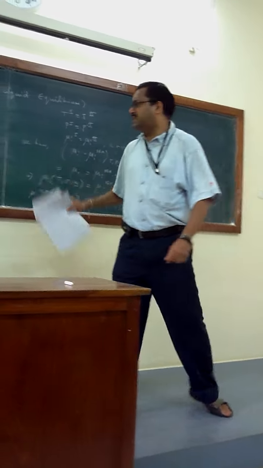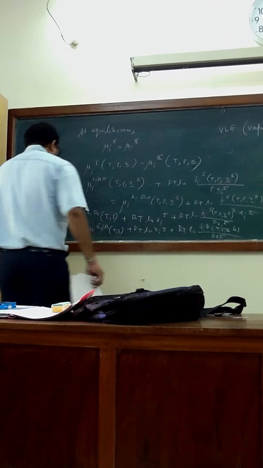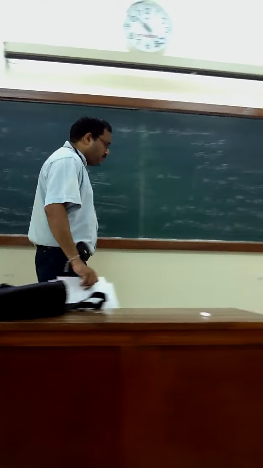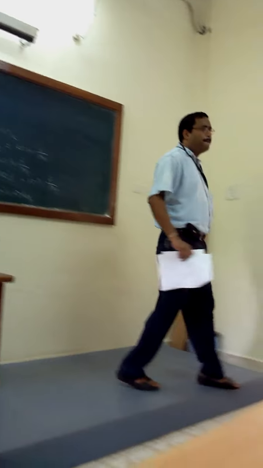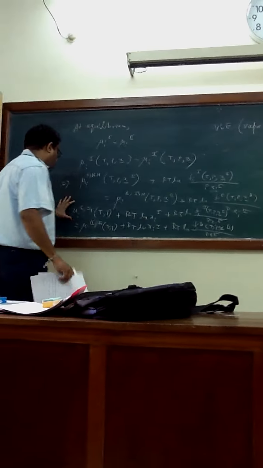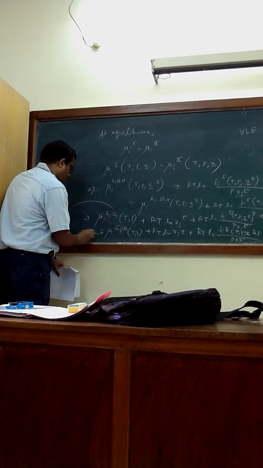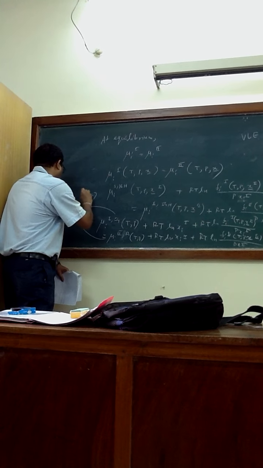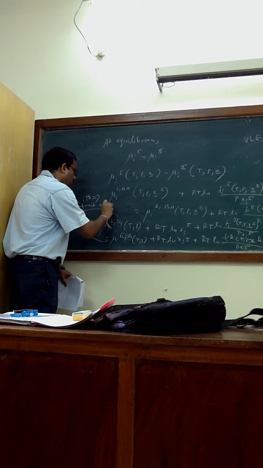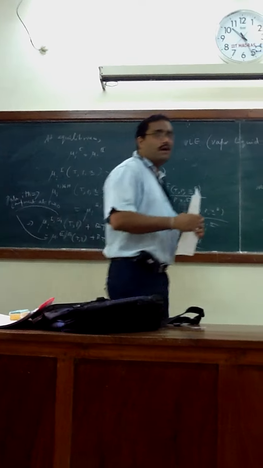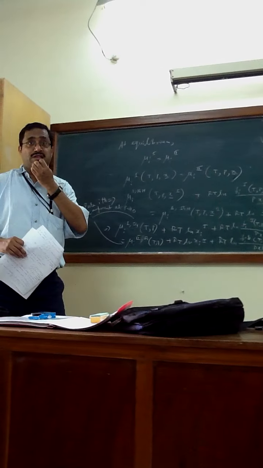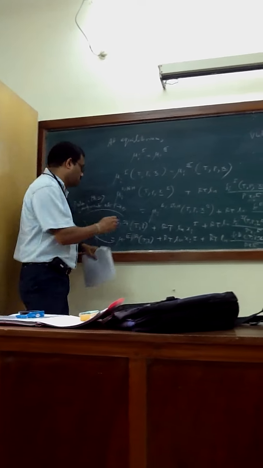Both are equal because at P tending to 0, this is the pure ith component. Same. IgM is different because it depends on many things, so we cannot equate it. So you can actually cancel.